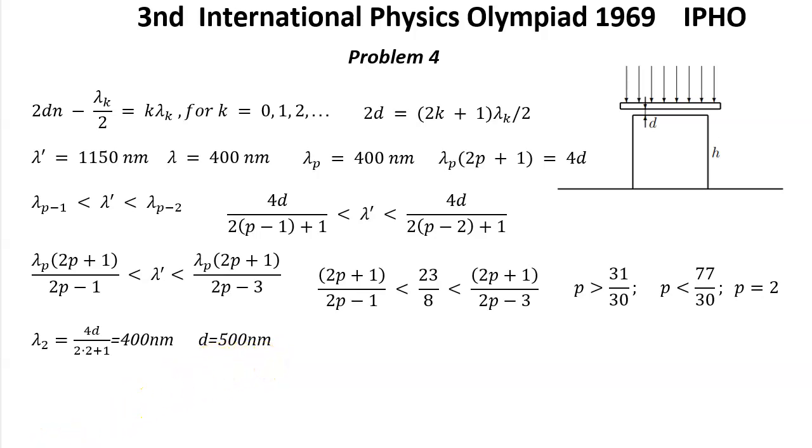Now we can find what lambda_1 and lambda_0 are. For lambda_1 we have 4d over 3, which is 666.7 nanometers, which is good because it's less than 1150, and lambda_0 equal 4d over 1, which is 2000 nanometers, which is greater than 1150.